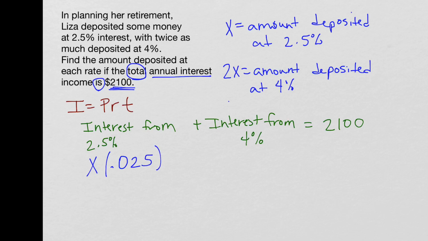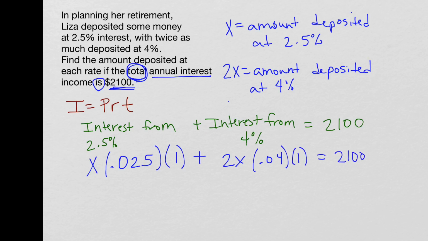We get that from saying 2.5 divided by 100, and then the time is 1 year. It said to total it, so we're adding that to the interest from the 4% account that we deposited in, so that's going to be our principal, which is 2X, times our rate, written as a decimal, is 0.04, times 1 year. And we'll solve this equation.